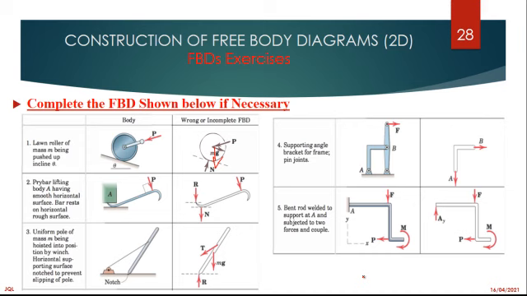Pry bar lifting body A having smooth horizontal surface, bar rests on horizontal rough surfaces. Is this wrong or incomplete? For me, when I look at this, I can say it's wrong.